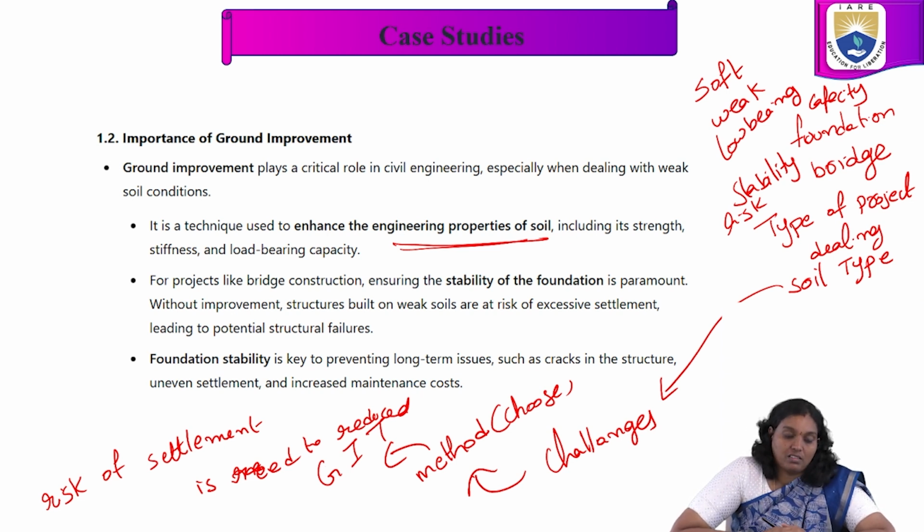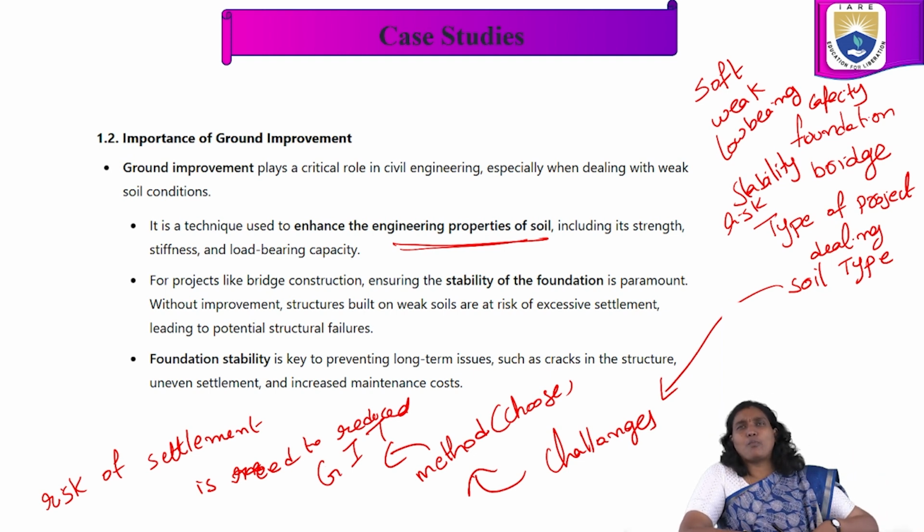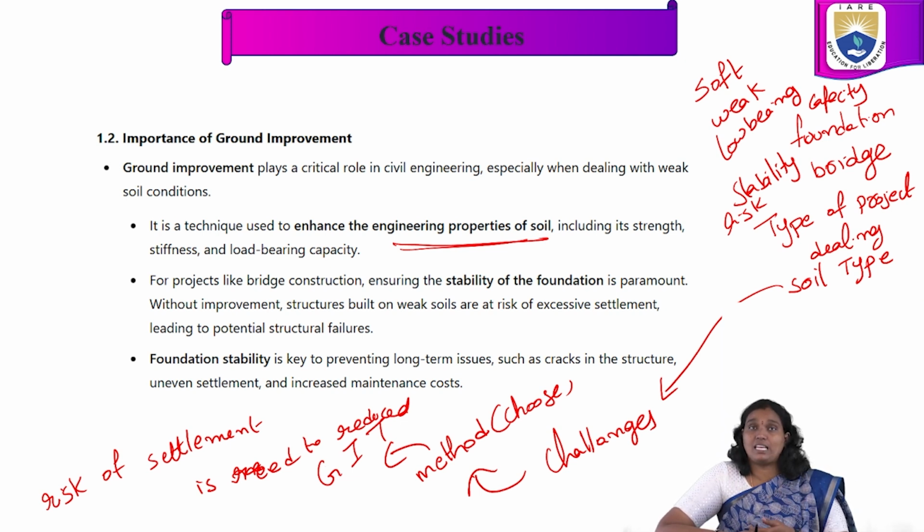So here is the choosing of the method. We have different types of methods based on the mechanical modifications if required for the soil. Dewatering, and so many traditional methods and advanced methods are involved, and also chemical modification and physical modification. According to each type of modification, hydraulic modification, different types of methods are there.